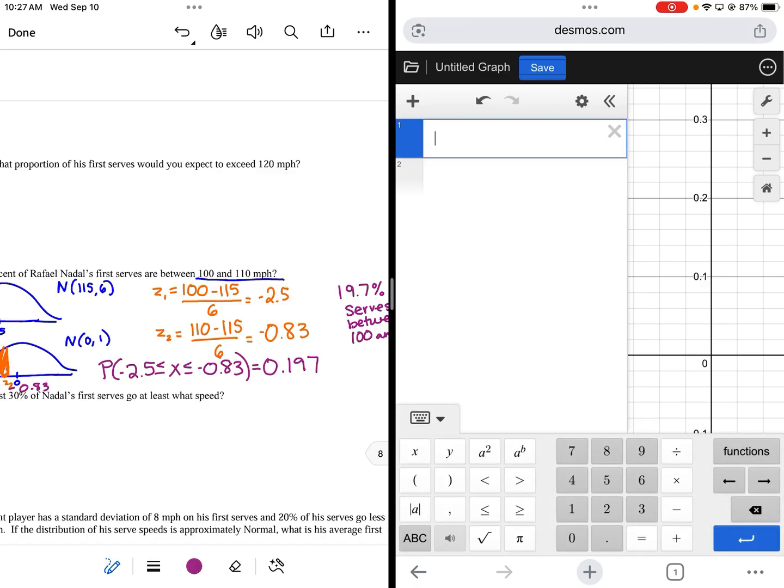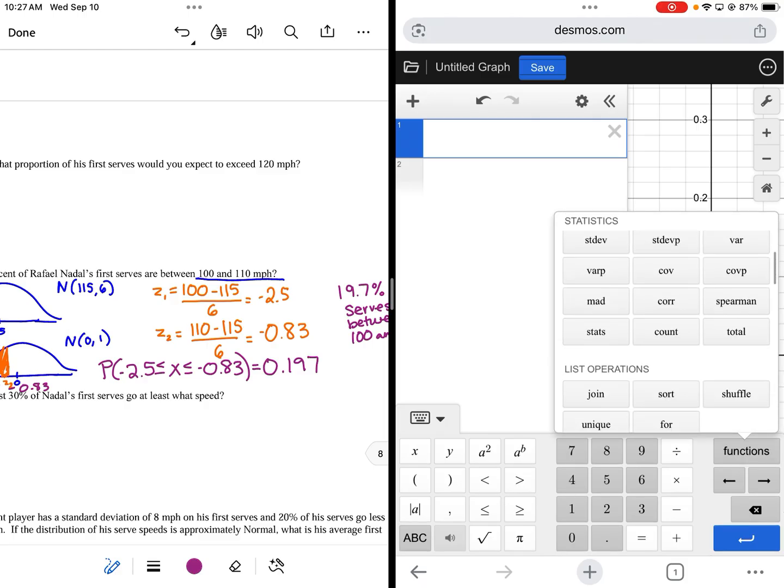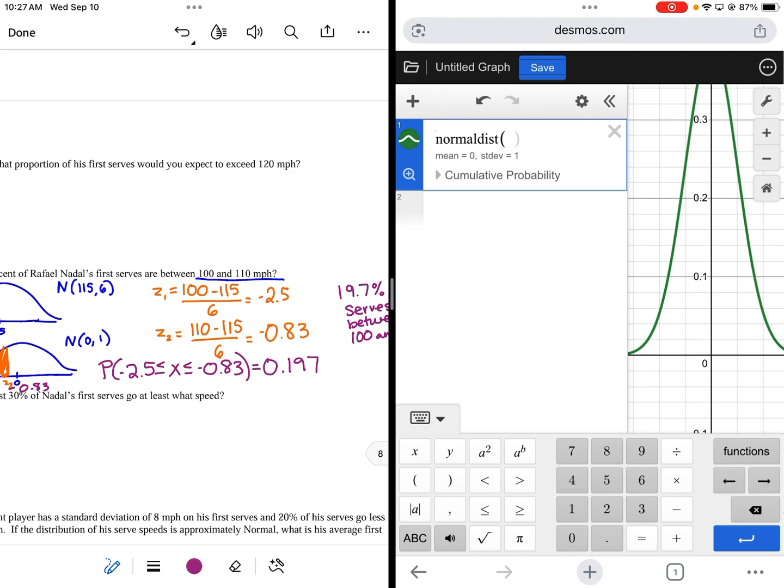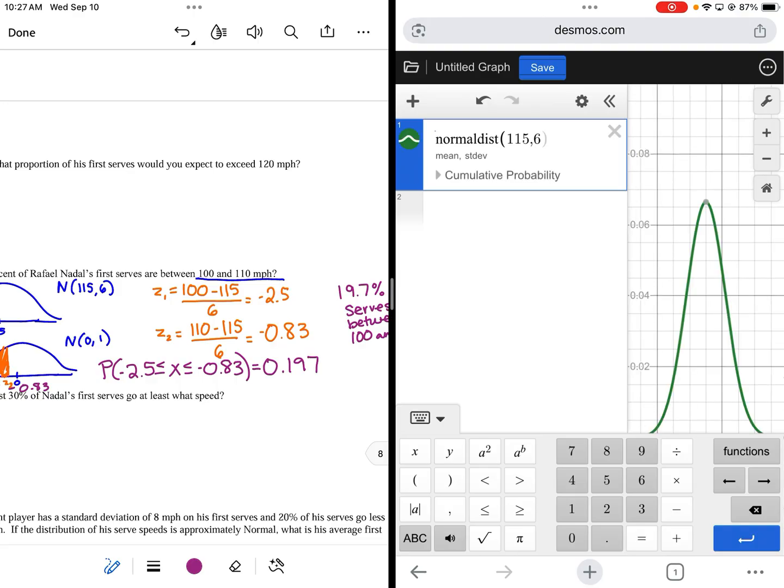So let's go to normal distribution again. So go to functions, go down to probability distribution, normal dist. And instead of it being blank right there, it automatically fills it in as 0 and 1. We're going to fill it in with what we were given, the 115, comma 6. And then hit the magnifying glass.